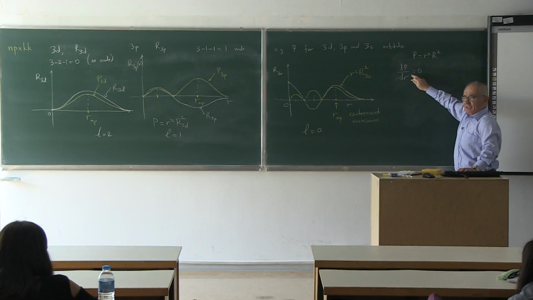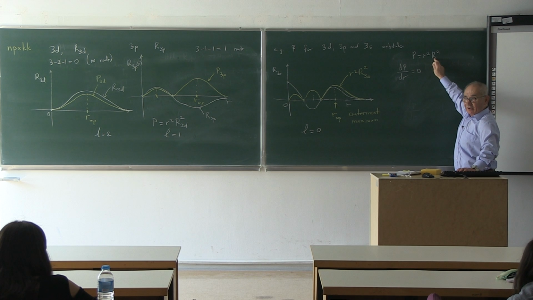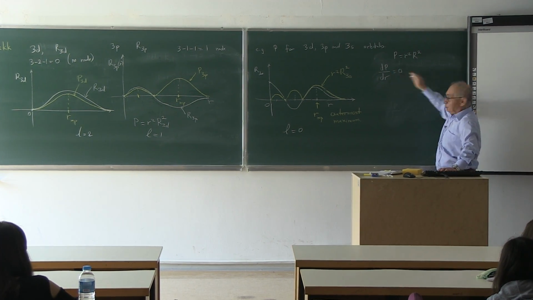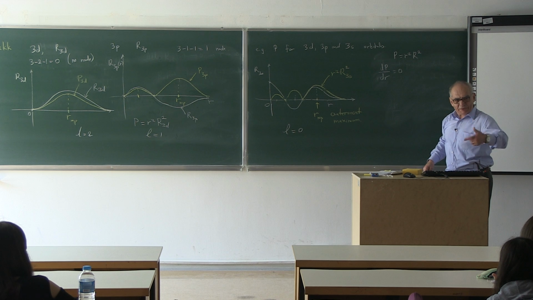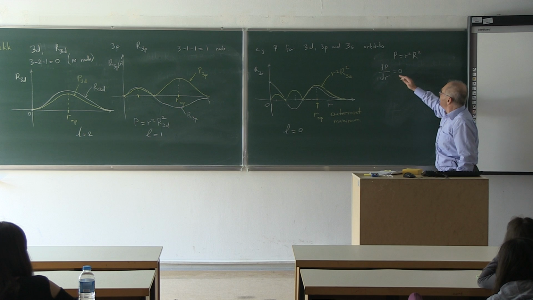We may use this equation by substituting the explicit expression for the radial function and then take the derivative, all right? And then put it equal to 0. There is an equivalent way, an alternative way of doing the same arithmetic.